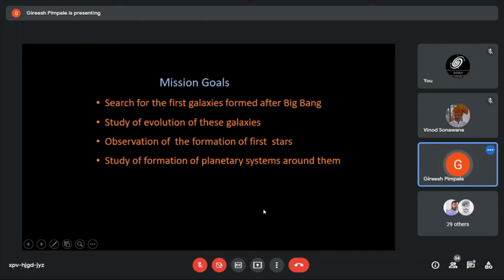And therefore, we have got little knowledge about formation of our solar system also. So if we want to study our solar system, naturally we should study similar planetary systems which are existing in space. And therefore, this Webb telescope is going to focus on the formation of other planetary systems also.